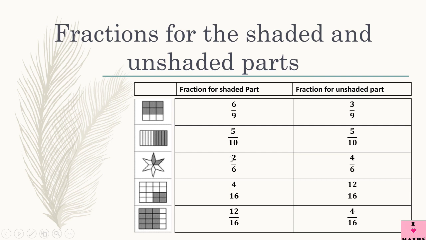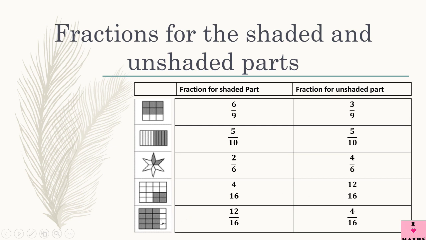So the fraction for the shaded part is 2 upon 6 and the fraction for the unshaded part is 4 upon 6. In this figure, the total parts are 16 and out of these 16 parts, only 4 parts have been shaded. So the fraction for the shaded part is 4 upon 16 while the fraction for the unshaded parts is 12 upon 16.